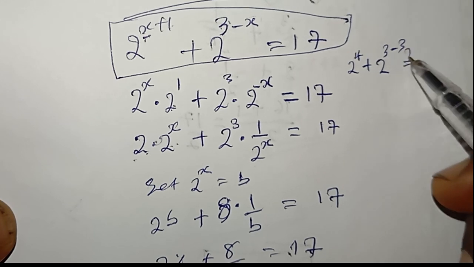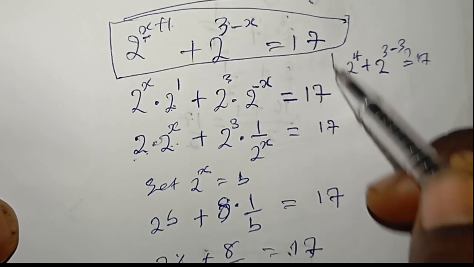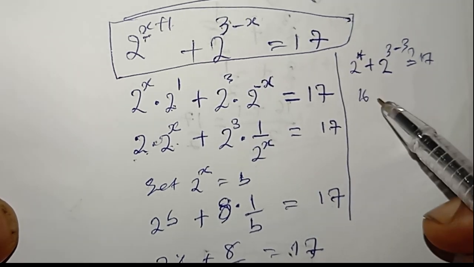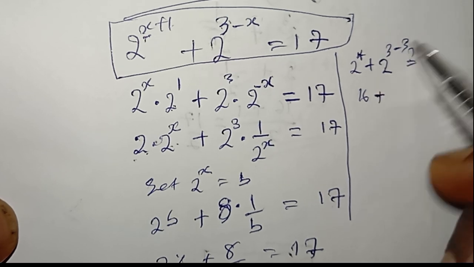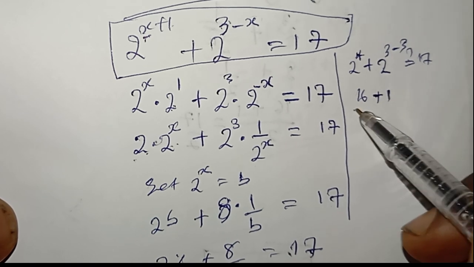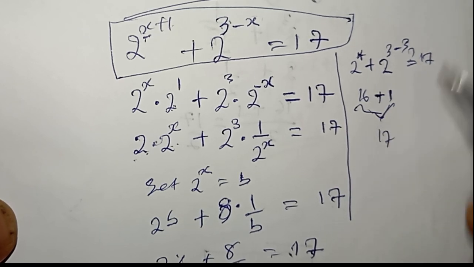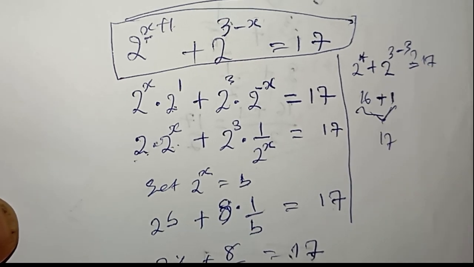We want to find out whether this gives us 17. 2 power 4 is 16, plus 2 power 3 minus 3 is 2 power 0, which is 1. So 16 plus 1 gives me 17, so x equal to 3 actually holds.